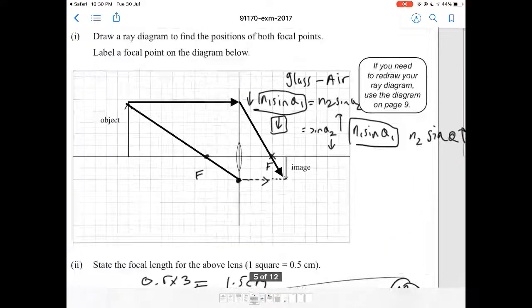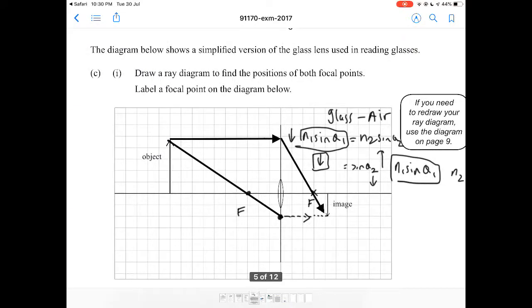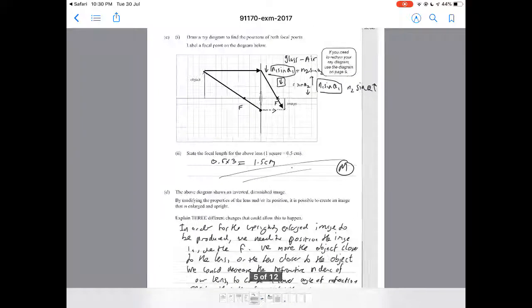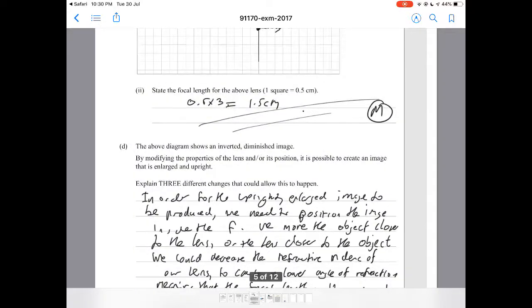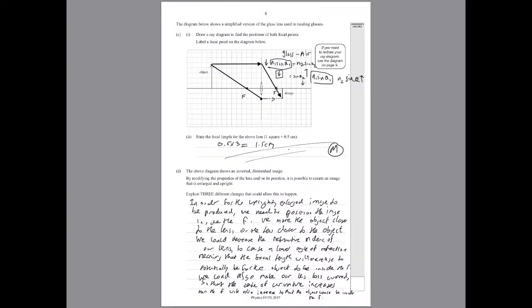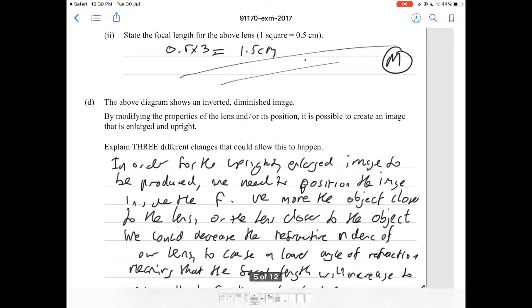You have to think about the ray going from the glass into the air, and as a result, if you decreased or increased the n1, what will happen to the sine theta 2? So basically, what effect does one variable have on the theta 2? That was actually pretty difficult in my opinion. Yeah, it is an excellence question, but it was pretty tough.